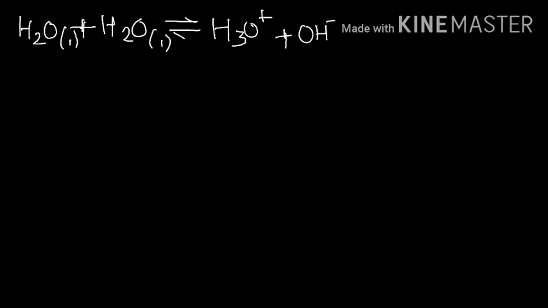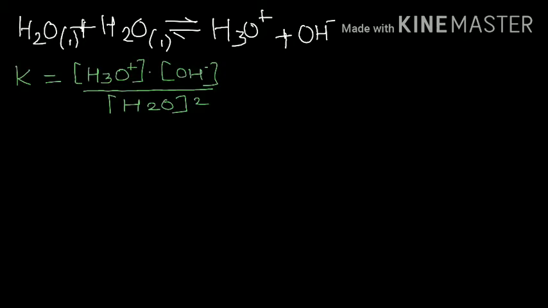Now we have to write the equilibrium constant. We know that the equilibrium constant is denoted by the capital letter K. So the equilibrium constant for the autoionization of water is given as K equal to: whatever entities are on the product side, you mention in the numerator, and the ones on the left-hand side go in the denominator.